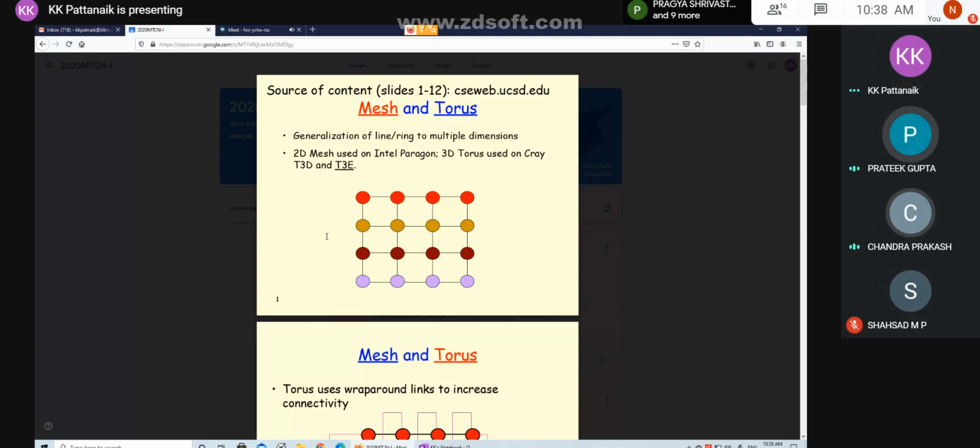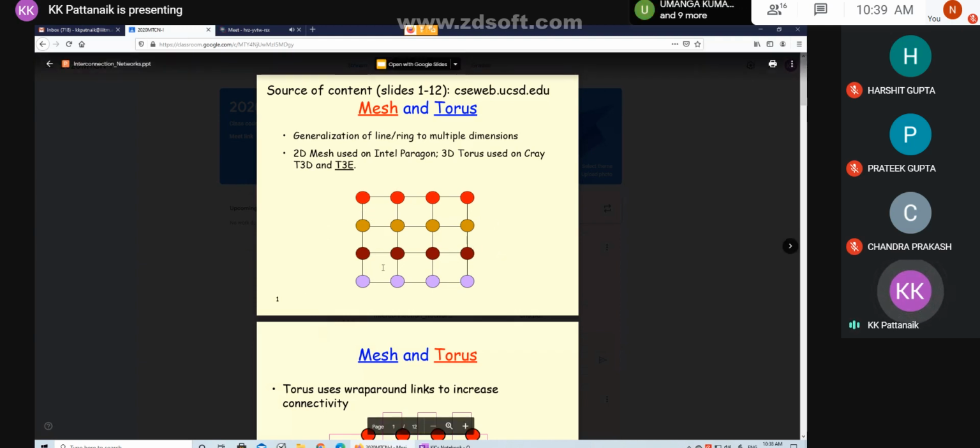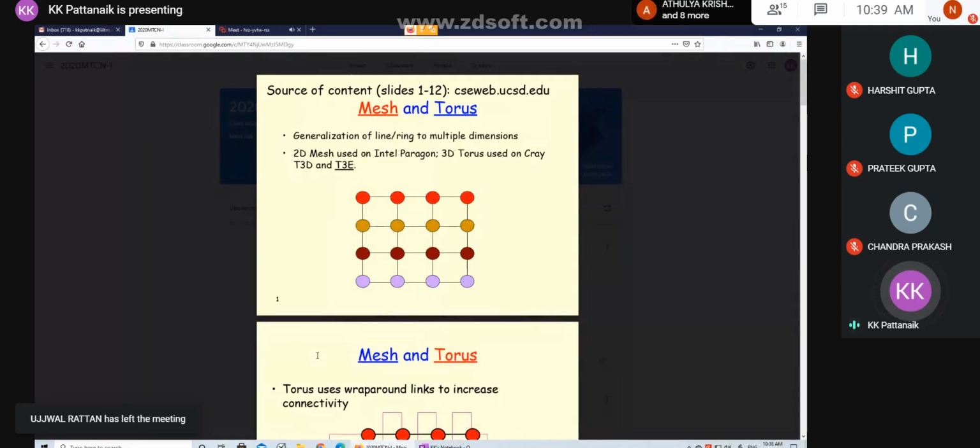Yes, sir. So you can quickly go through these slides. Basically these slides show how these different networks are used to increase the connectivity, reduce the latency and increase the effective bandwidth depending on the routing strategies used.